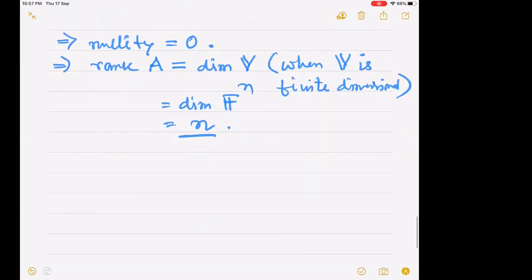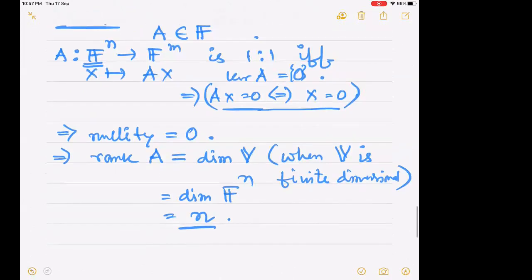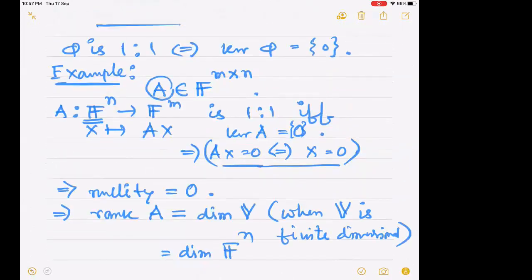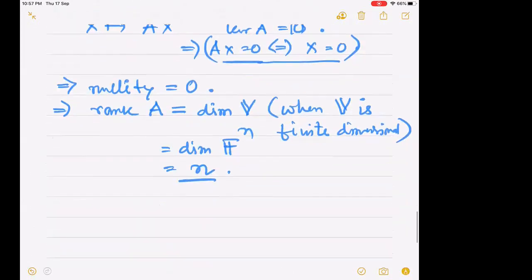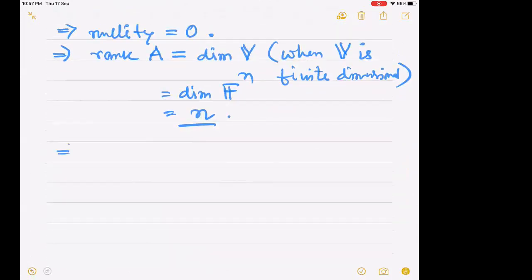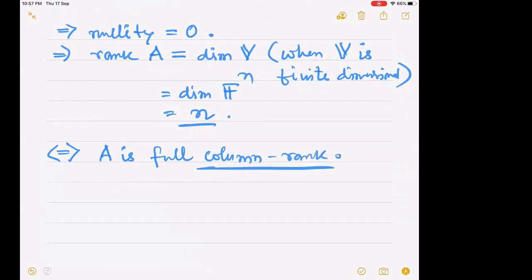But you see, what is n physically? Physically, A has n number of columns. So this condition means A is full column rank. Whatever is the number of columns, that exactly is equal to the rank of the matrix. That's when it's called full column rank, which essentially means that the columns are linearly independent.